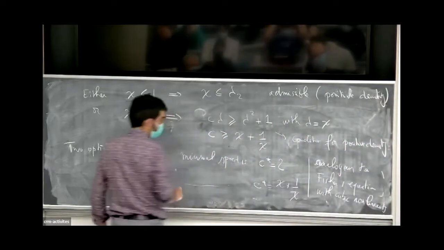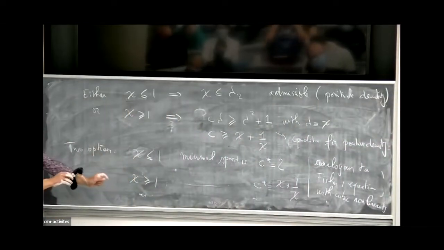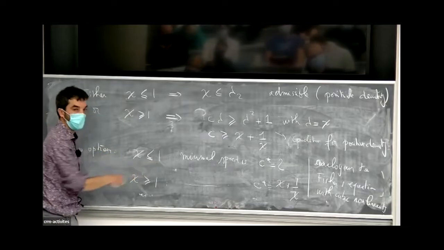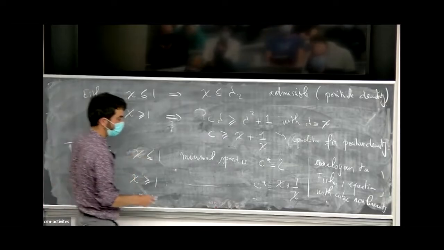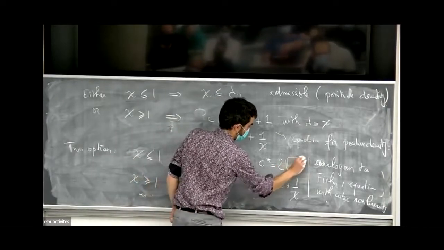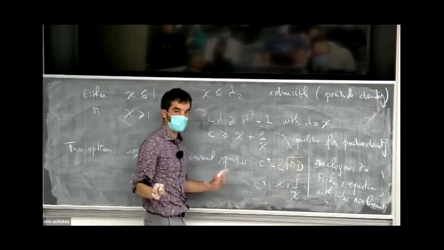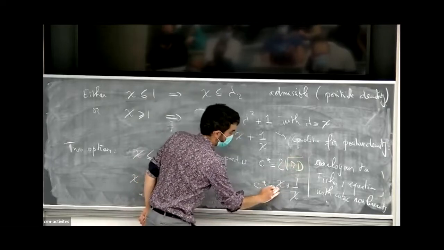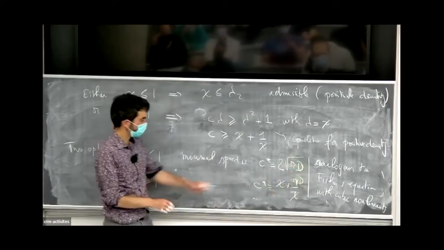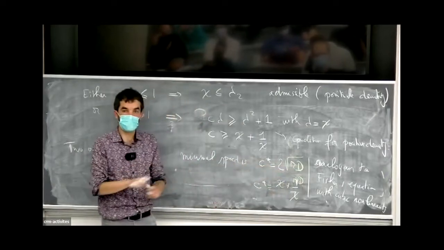what might be puzzling, and I don't claim I have a good explanation of that, is that the threshold is not 2. You would expect 2. What does it tell you? If I put numbers, this is 2 root RD. This is the classical Fisher-KPP equation. And this is chi plus RD divided by chi. So it means that in the first case, there is no effect of the drift at all.